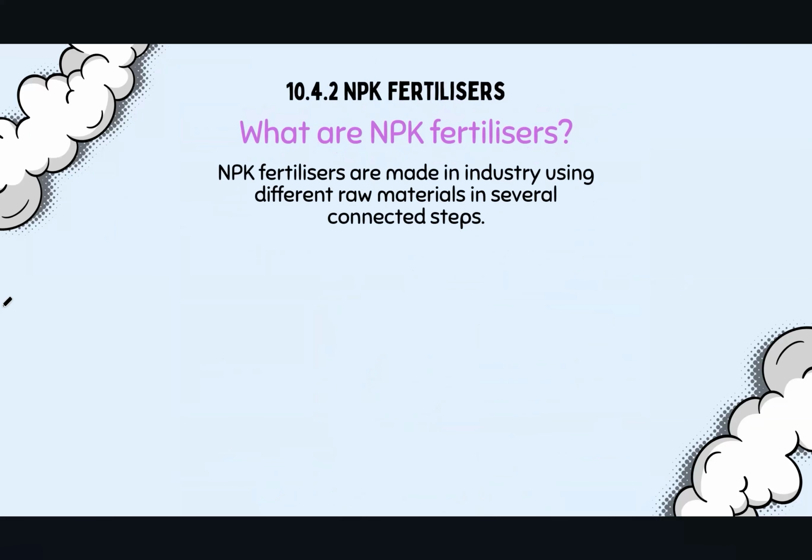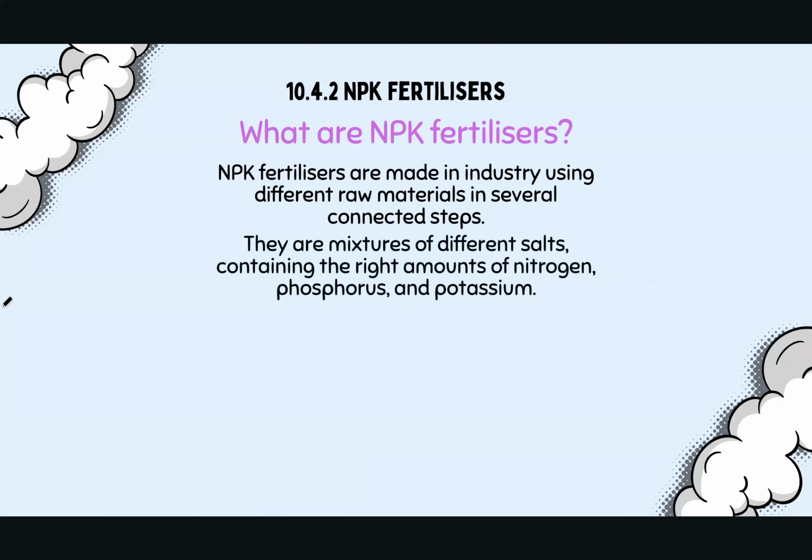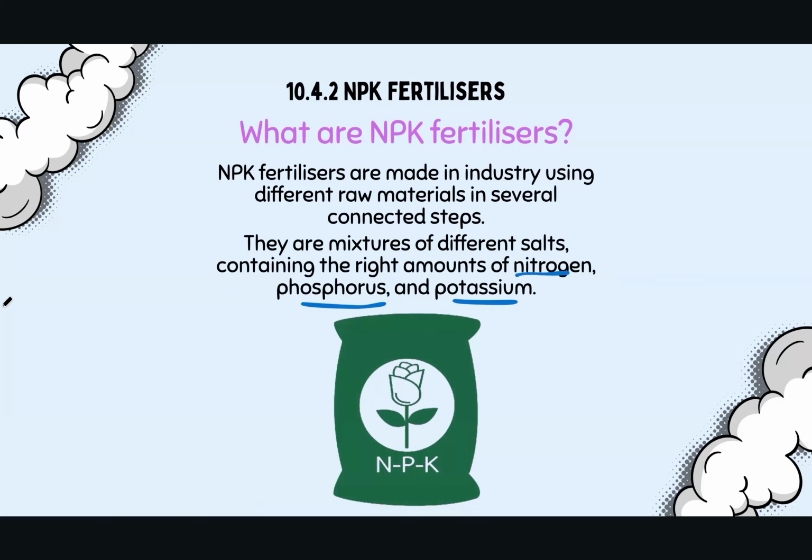NPK fertilizers are made in industry using different raw materials in several connected steps. They are mixtures of different salts containing the right amount of nitrogen, phosphorus, and potassium. So it means the fertilizer contains nitrogen-based salts, phosphorus-based salts, and potassium-based salts.